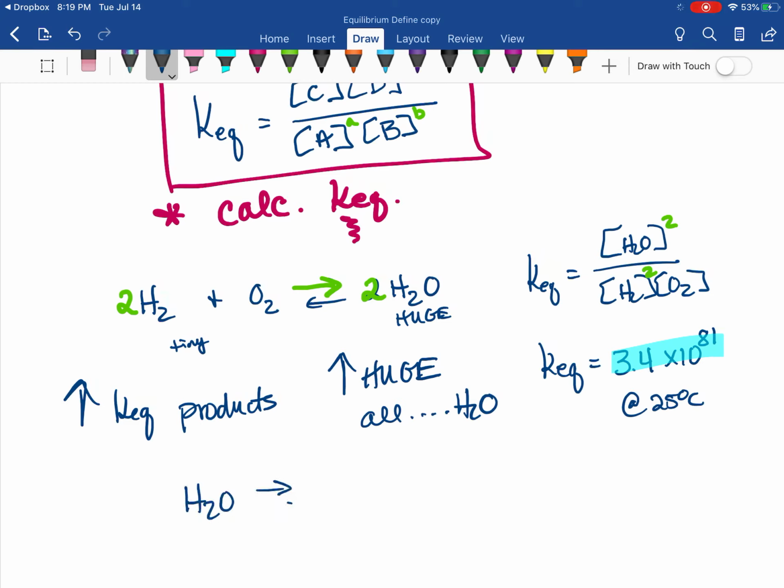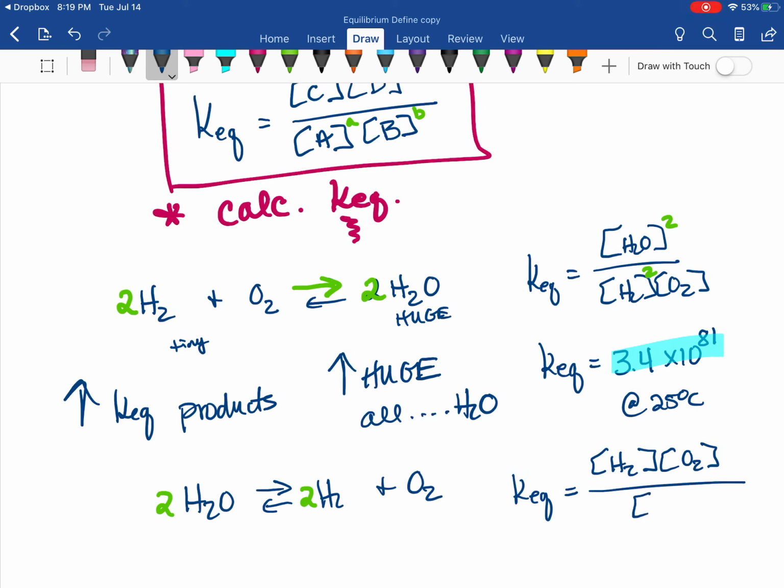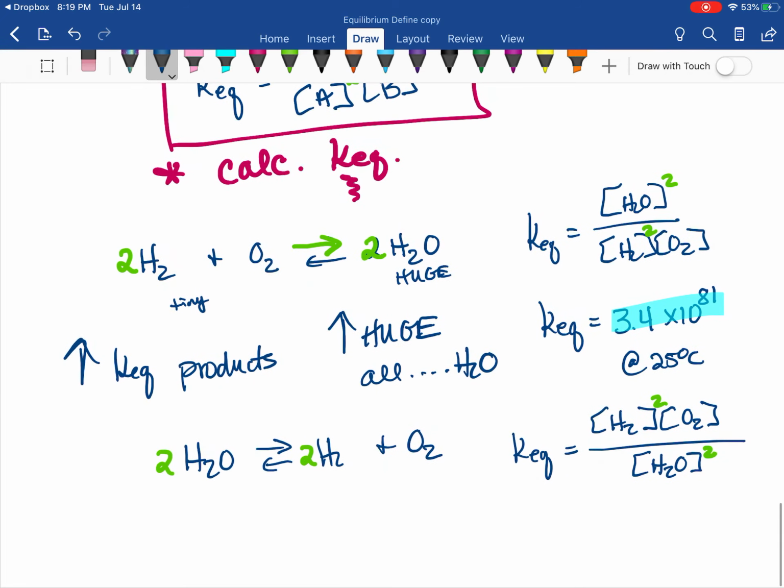Okay, what about the opposite then? What if I wrote backwards, that backwards product? What if I want to go backwards from water? Let's put our moles back in. What would that KEQ look like? This time it would look like this. Now by the end of this unit, we're going to be writing these in both directions. So this is good practice.